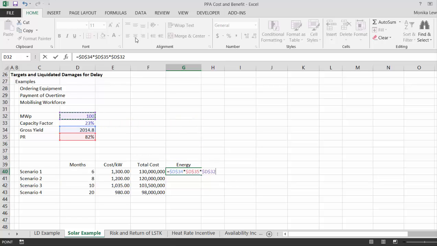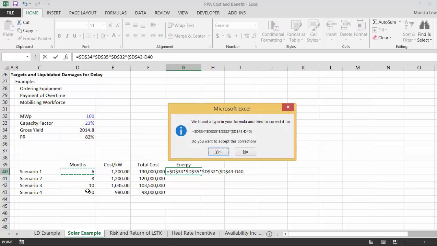and then let's multiply. We need to see how much differential energy there is in each time. So let's say that, let's take the last case, 20 minus this case.